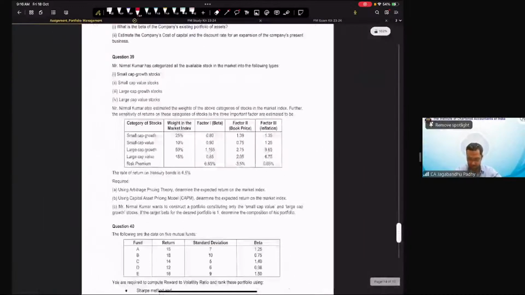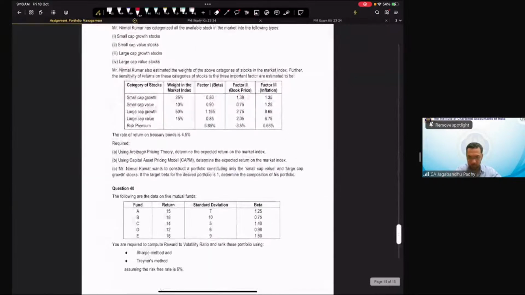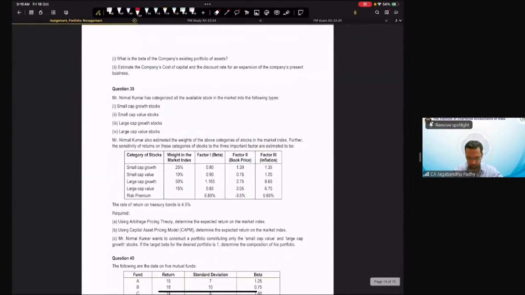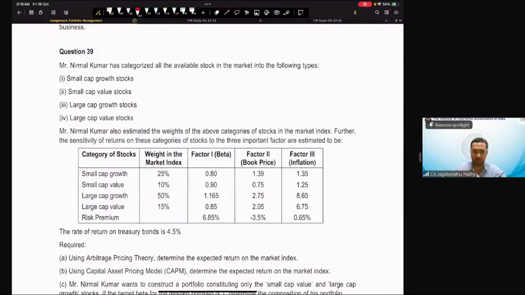We have question number 39. Let's look at this question 39. Mr. Nirmal Kumar has categorized all the available stocks in the market into the following types. So we have 4 types of stock with the weights given to us, weights in the market index.